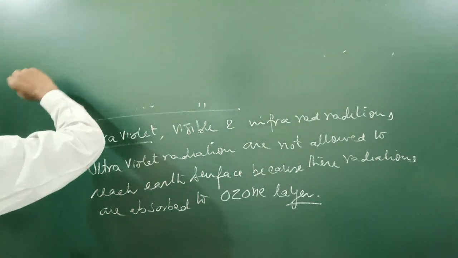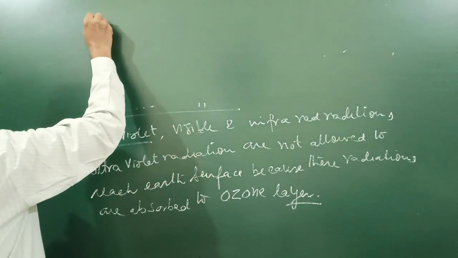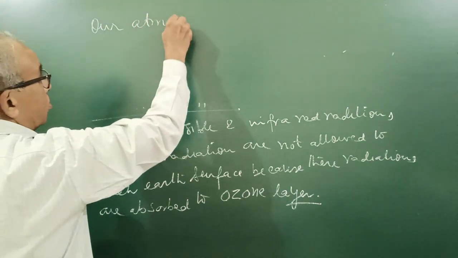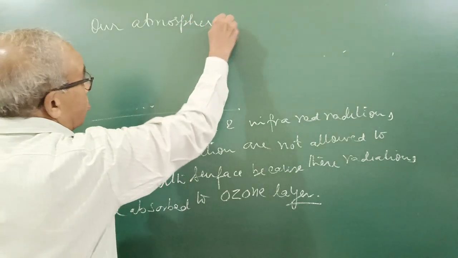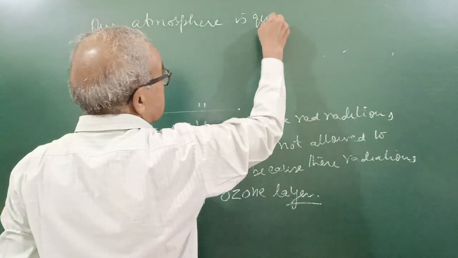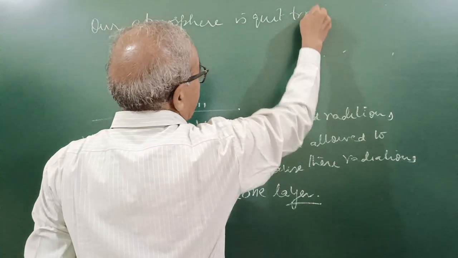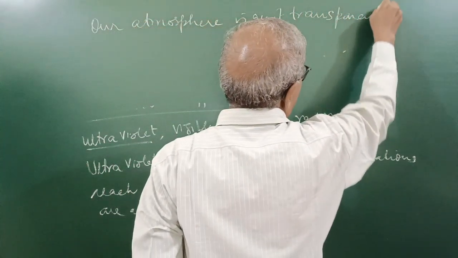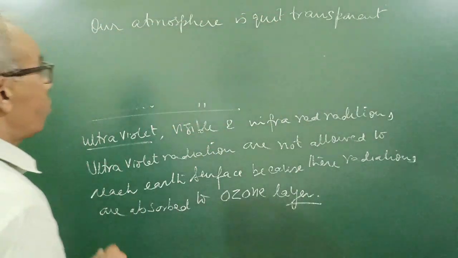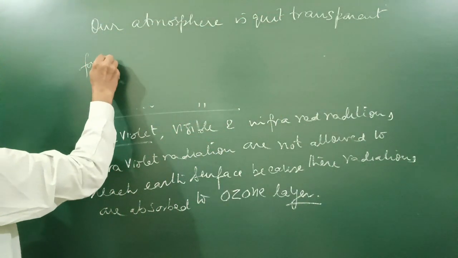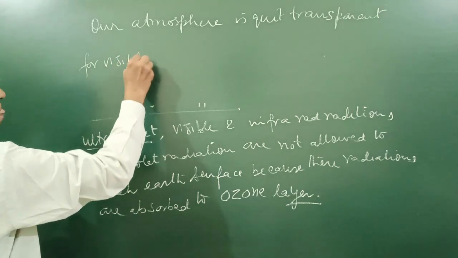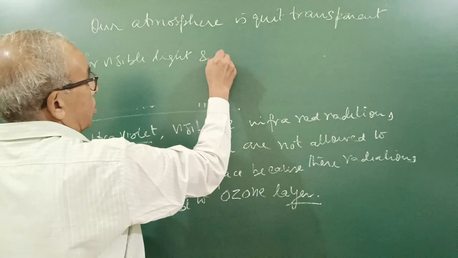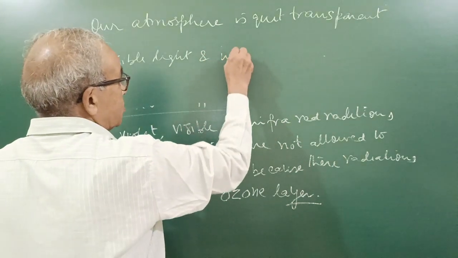Now, our atmosphere is quite transparent to visible light and infrared radiation.